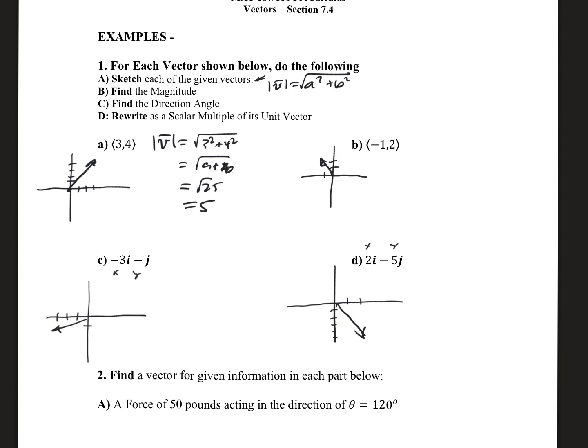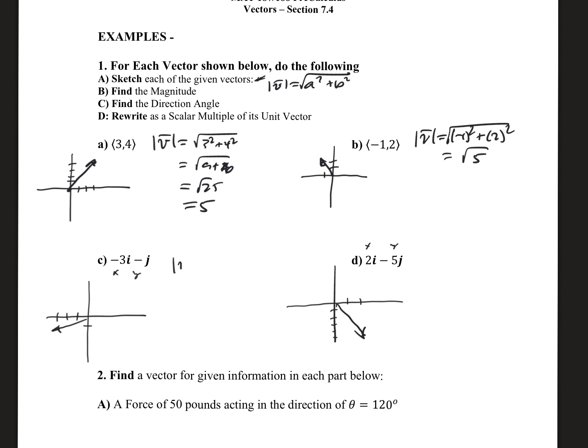Right, so there's the magnitude. The magnitude of this vector is -1 squared plus 2 squared, which basically comes down to the square root of 5. Okay, so that's the length of that vector.